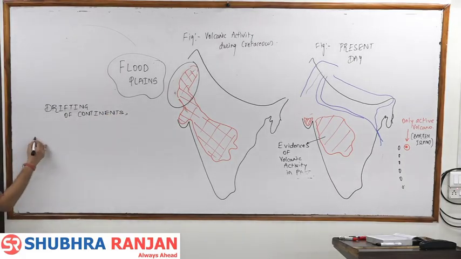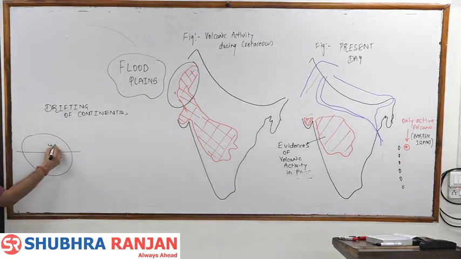see if this is the earth and you have seen today the video, today India is here. In that video, over the period India will land here, climate will change, process will differ.